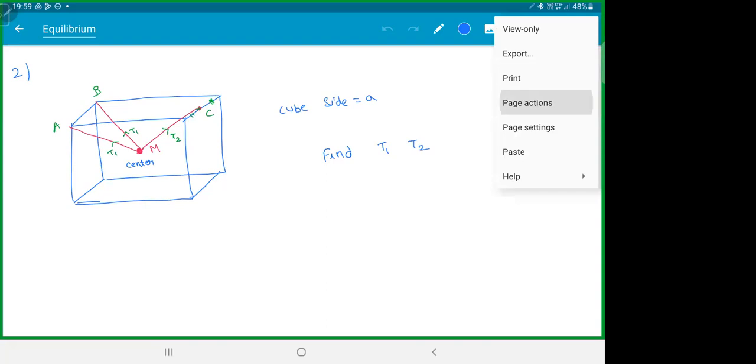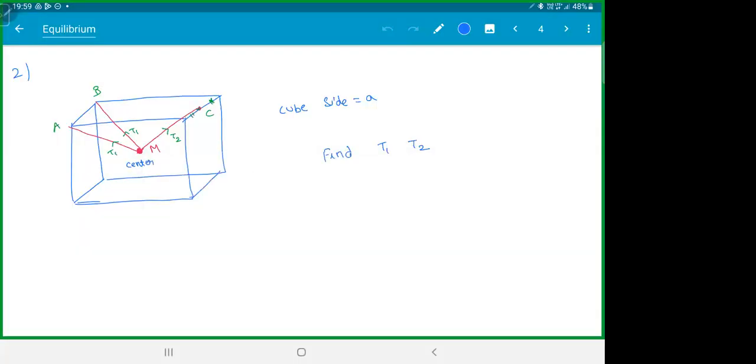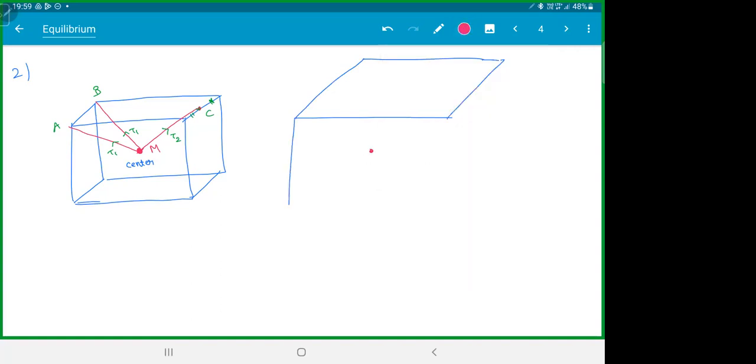This is similar to the one problem we did in the class. How to do here? First you need to get the angles. So if I just take this one side here now, last time we did this.